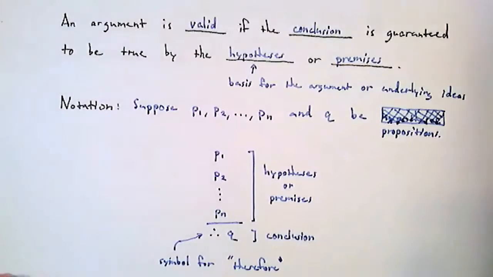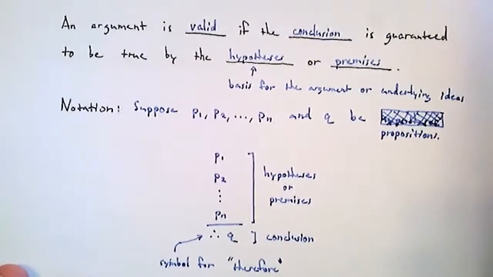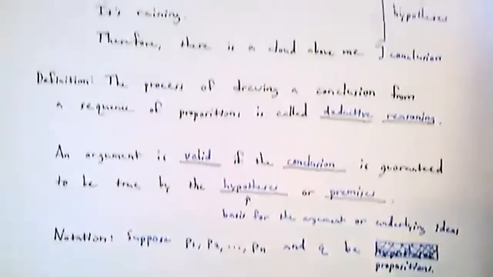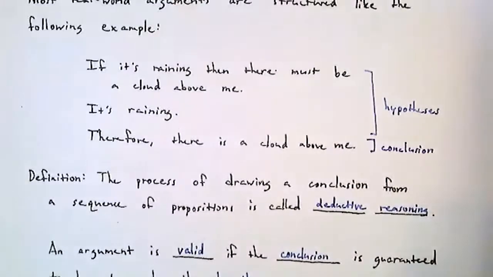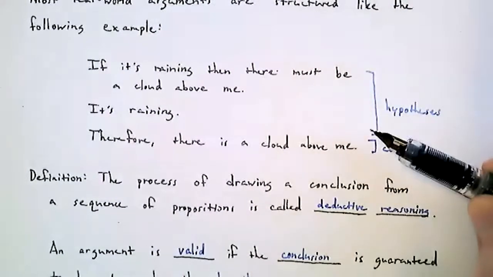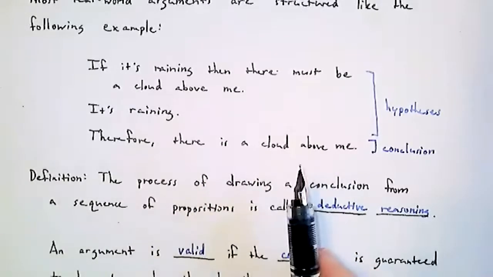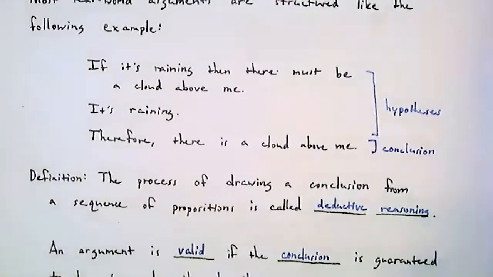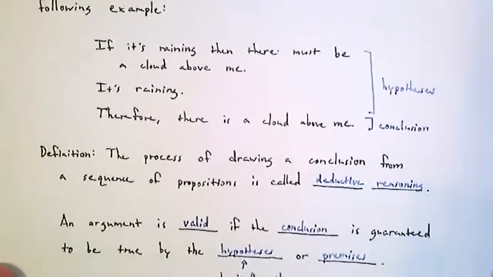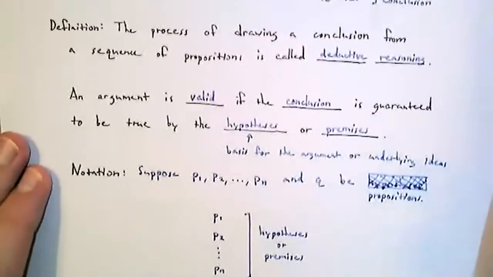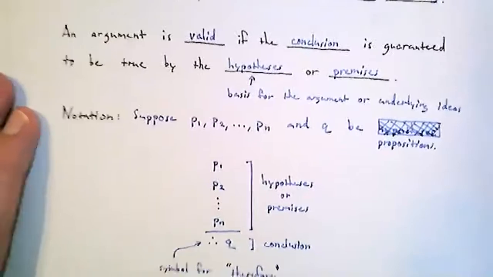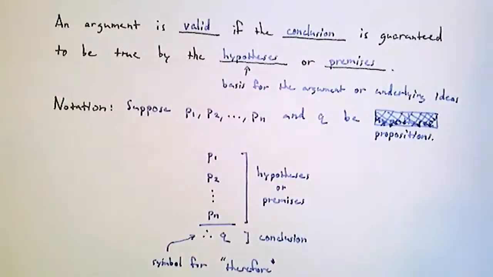Just like the way that I structured the silly little argument at the top, I have my hypotheses, and then I say, therefore, my conclusion must be true. So it's the same structure, but we might want to use symbols like I did here instead of writing out whole sentences all the time. Are there any questions before we go on to the next page?